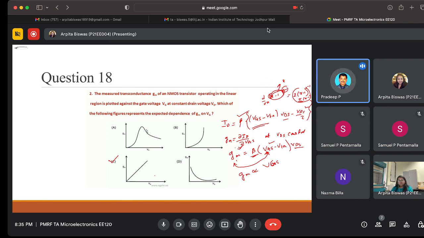But when you go for technology bias, GM is equal to 2ID by VGS minus VT. Then how to think about the GM and VGS variation, madam?